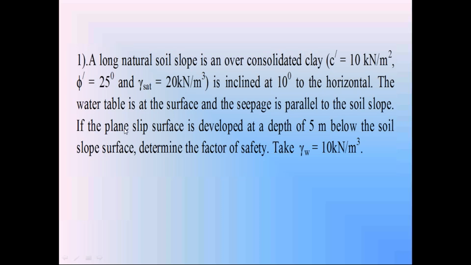If the plane slip surface, that is the failure surface, is developed at a depth of 5 meters below the soil slope, determine the factor of safety. So we are asked to find the factor of safety of the infinite cohesive soil slope in the seepage flow condition. For that, take the unit weight of water as 10 kilonewton per meter cube.